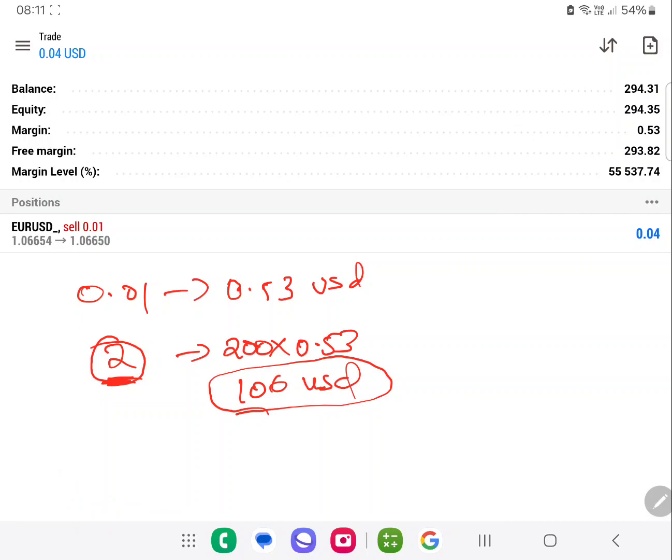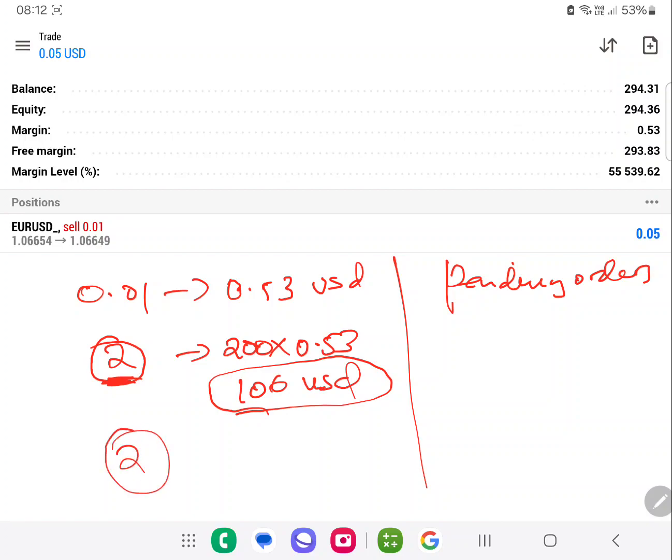We are doing what we call pending orders. Even though one of them is going to be triggered, we still need the margin to open that particular position. So what I'm telling you simply is, this 106 USD, you need to open 2 positions. This one is for buy and this one is for sell.